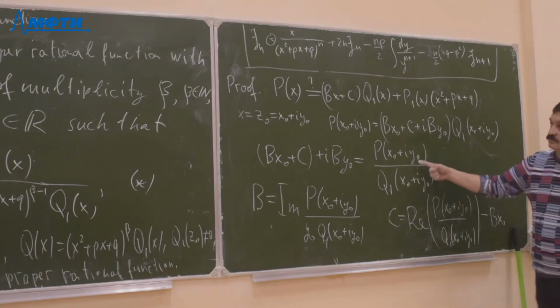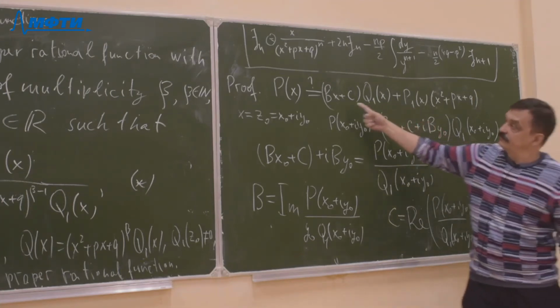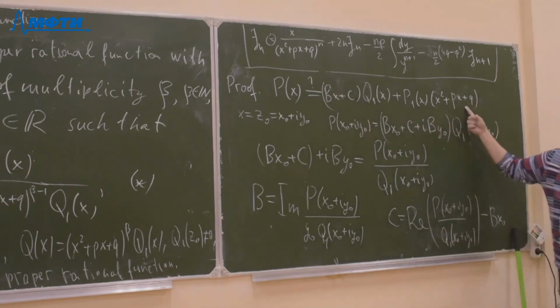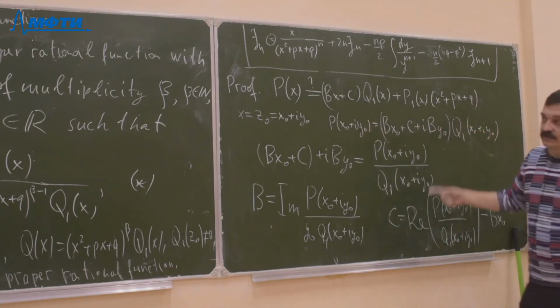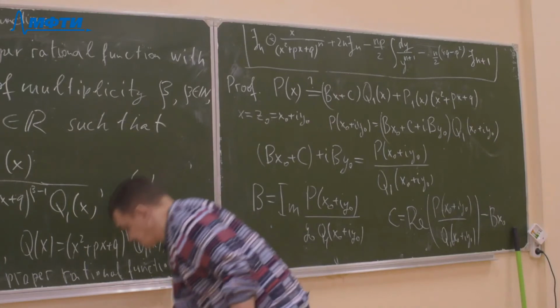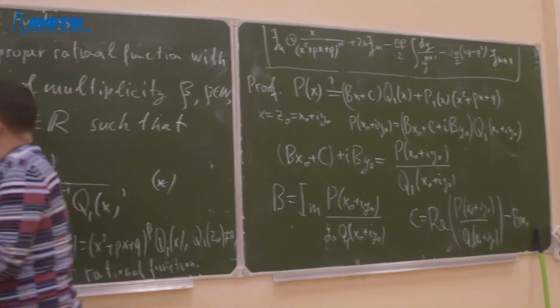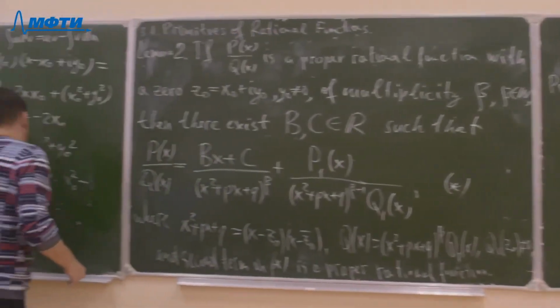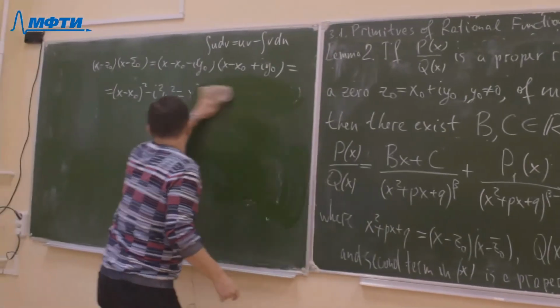The rest is to check that indeed we have this equality, and it can be done absolutely analogous to the proof of lemma 1. So let me write it down.